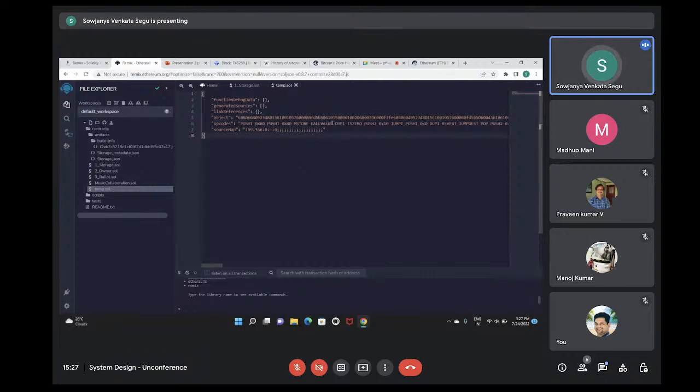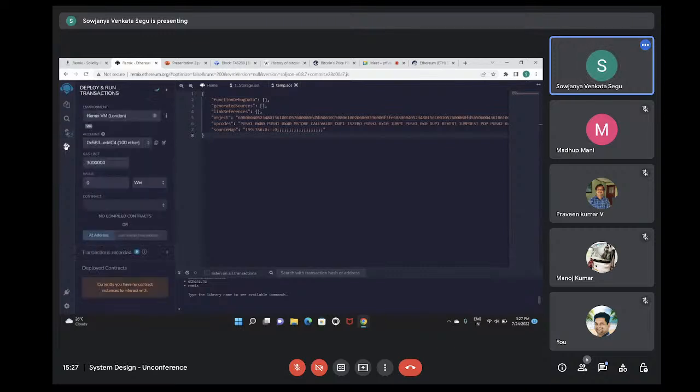So this is the machine language. This bytecode, we can deploy it. This is the deploy. Remix gives us the test accounts here. This is the local environment where we can deploy.